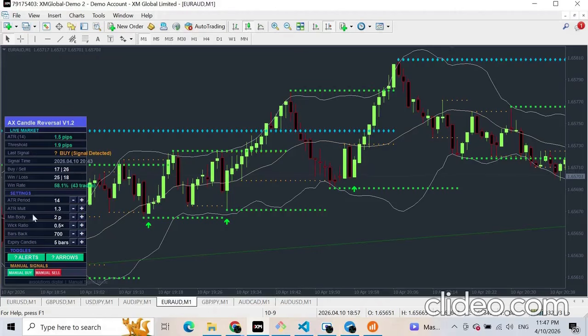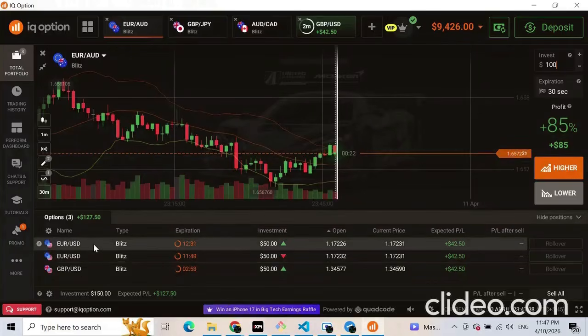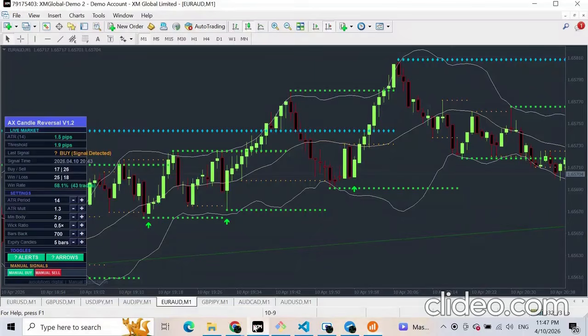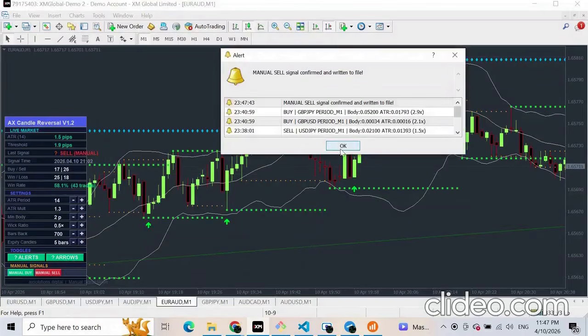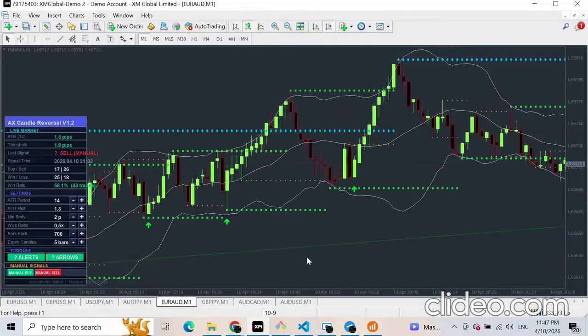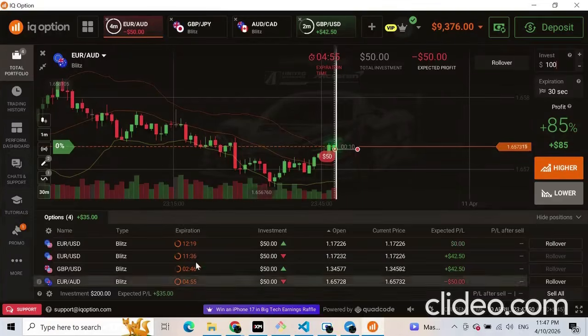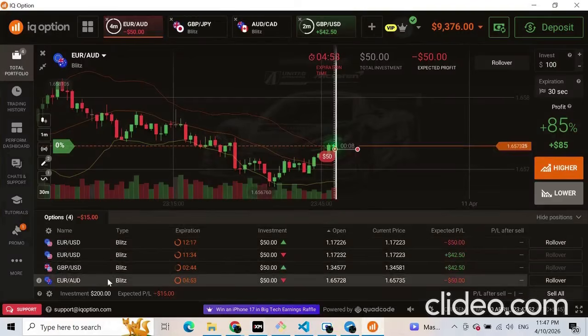So this is the Euro AUD pair. At the moment we don't have any Euro AUD pair open, right? So now I will manually fire a sell trade. Okay, so we have received the pop-up alert in MT4, and if we go to IQ Option, great, Euro AUD 5-minute put trade, right?